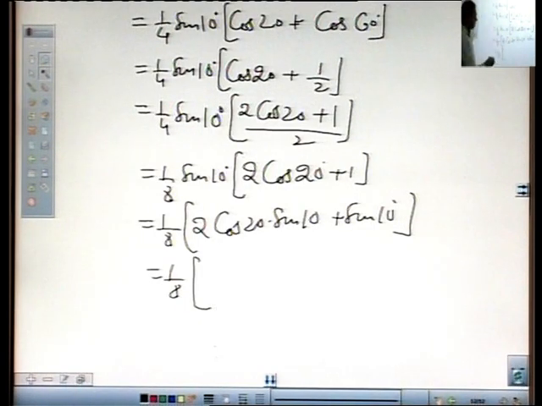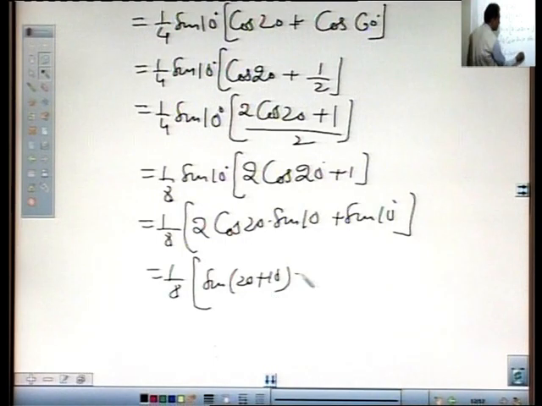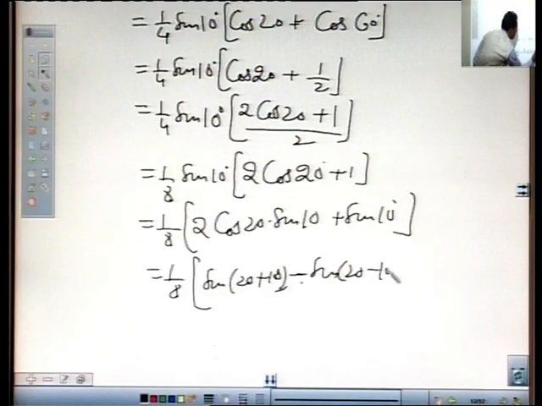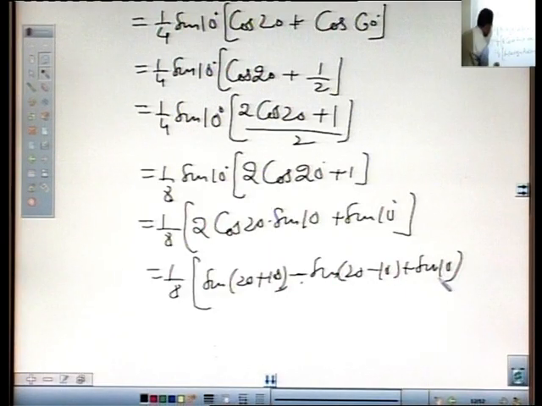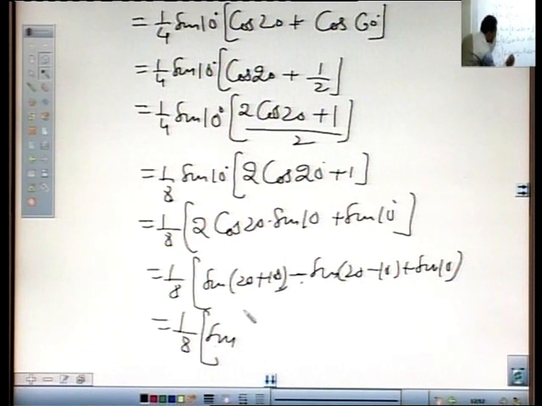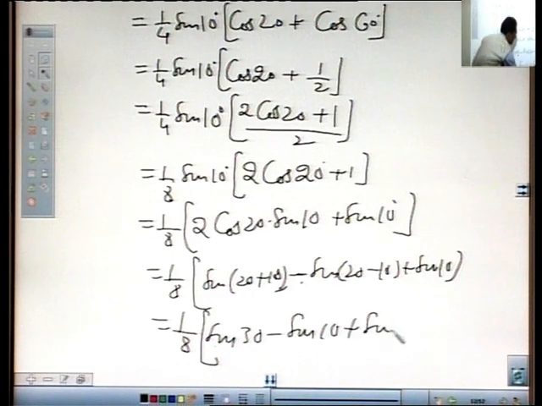1 over 8, 2 cos A sin B. Sorry, 2 cos A sin B is sin A plus B minus sin A minus B, so sin 20 plus 10 minus sin 20 minus 10 plus sin 10, and this equals 1 over 8 of sin 30 minus sin 10 plus sin 10.